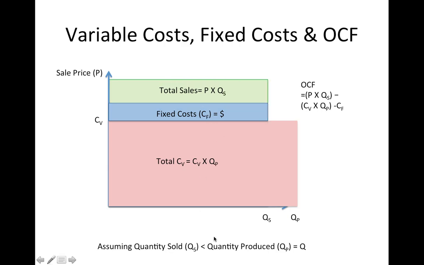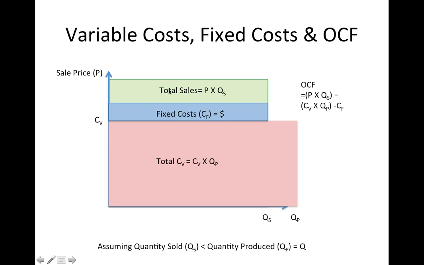You can also have a situation like this. We're going to relax this assumption and say that the quantity sold is less than the quantity produced. Maybe I forecast a certain amount of sales, and so I produced based on that, but it just didn't happen. And so now I've got this problem where I've got the fixed costs that are consuming an amount here, right? But I also have this amount here that sticks out to the right of everything.